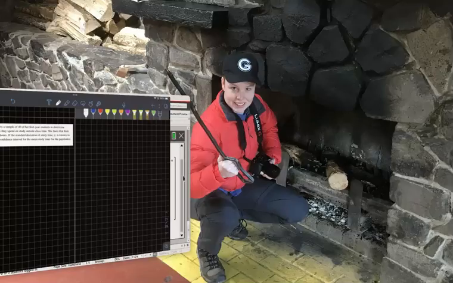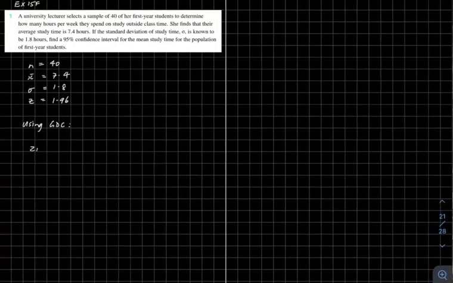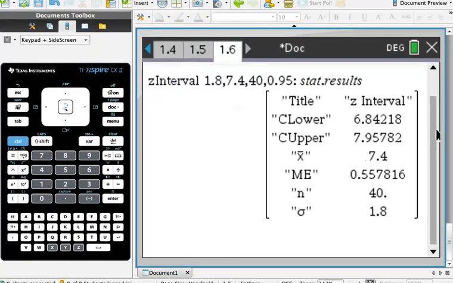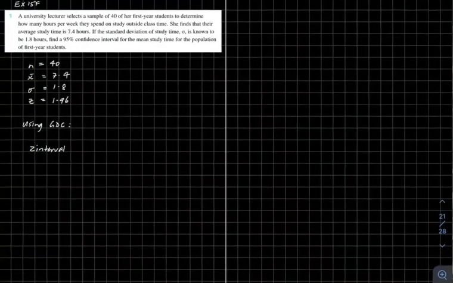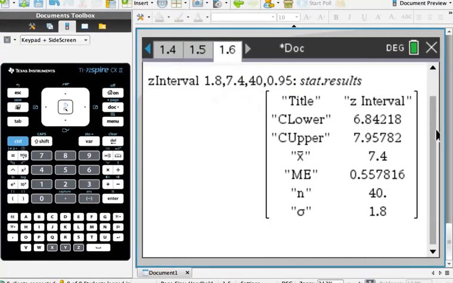Z interval, and the first thing on there was our standard deviation and then the mean, so 1.8, 7.4, and then the other two things were n and the confidence level, which was 0.95, and from that it returned a confidence interval. Let's go back and check.